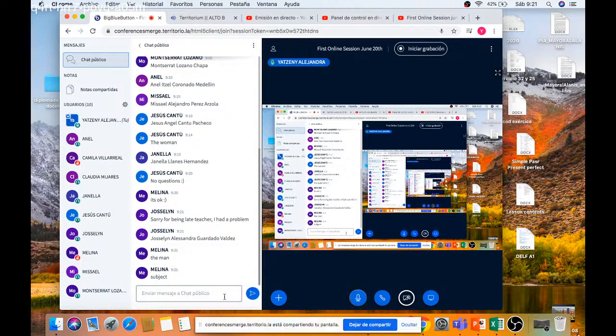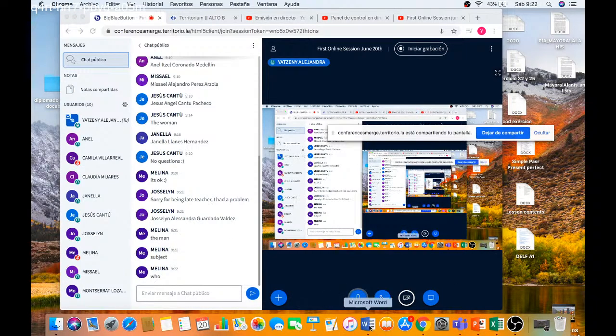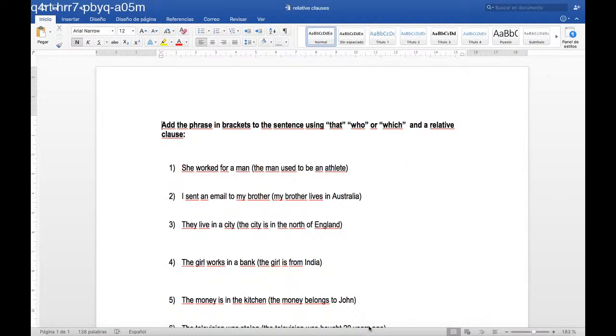Subject, perfect. So if I have a subject, which relative pronouns can I use? Which option do I have? Who, perfect. But also I can use that, right? Because that also works for subject.